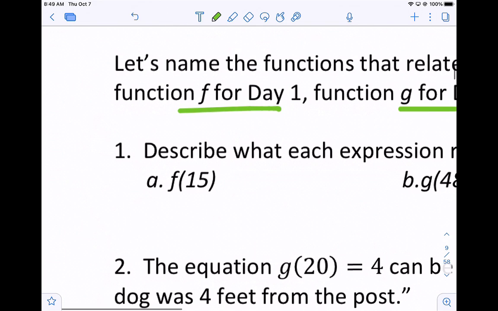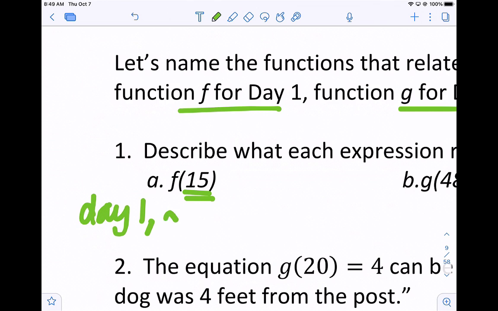Okay, so f is day 1, and we're looking at the distance of the dog 15 seconds after its owner left in day 1. We want the distance after 15 seconds, or at 15 seconds, we can say.